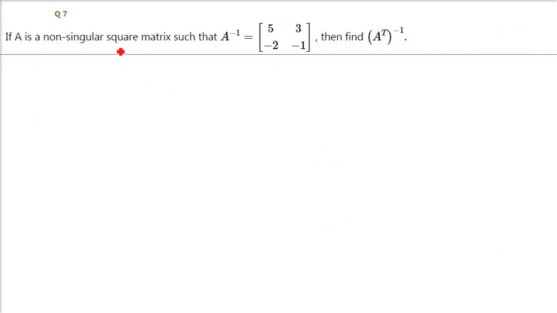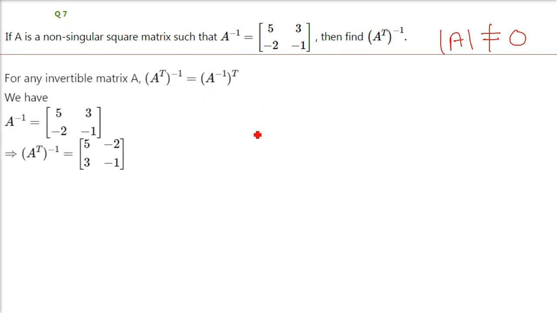If A is a non-singular square matrix such that A inverse equals this value, then find the A transpose inverse. Now non-singularity is determinant of A is not equal to 0. So A transpose inverse is equal to A inverse transpose. So you take the transpose, take the inverse, and that is equal to A inverse and then the transpose.